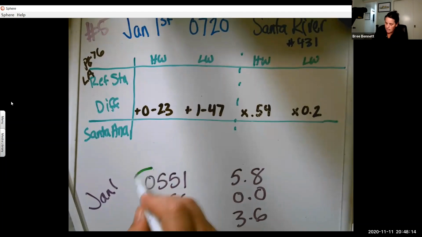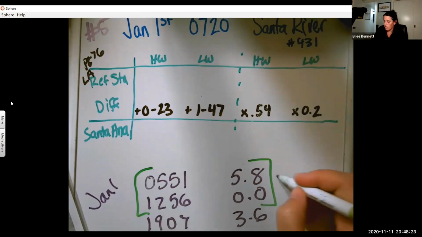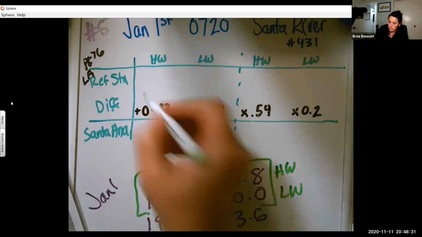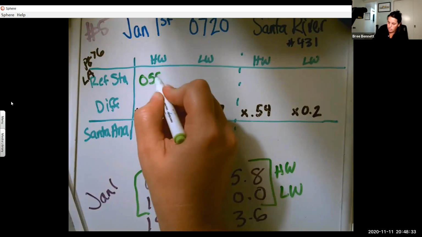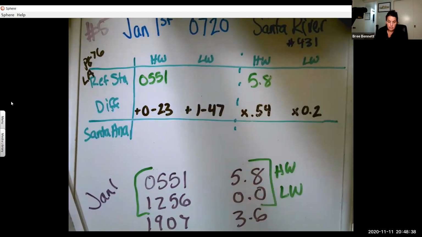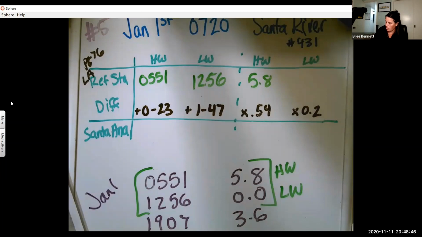I can see that these guys here are going to sandwich my 720. So these are the numbers that I'll use for my high and low. This one is my high water and this one is my low water. So I'm going to put in for my high water 0551 at 5.8. Then I'll put in my low water 1256 at 0.0.